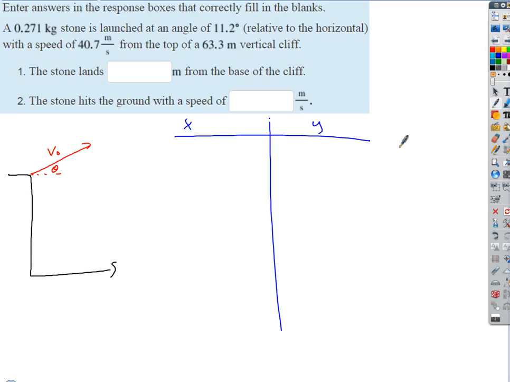We know the initial velocity is 40.7 at an angle of 11.2 degrees. What is v naught sub x going to be?